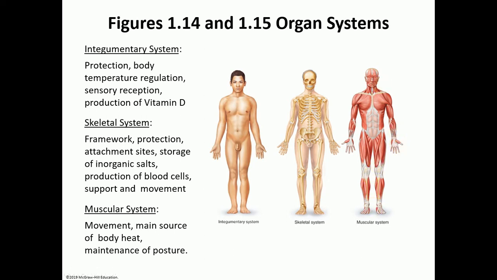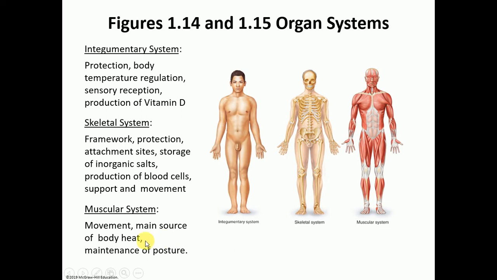And the muscles that move the organs on the inside, so the ones that move your small intestines or the urinary bladder. These are known as smooth muscle fibers. Your muscular system is obviously important for movement. It is the main source of body heat, and it helps in maintaining posture, and again, movement of joints and so on.